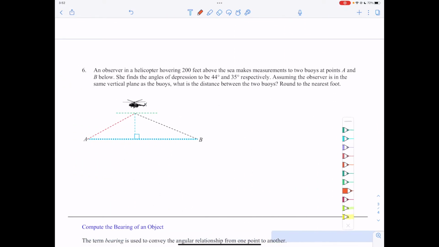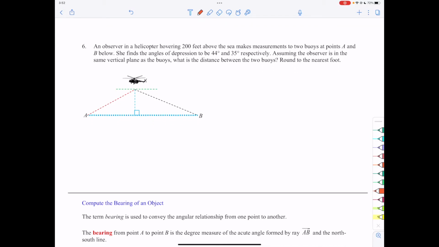Okay, looking at number 6, an observer in a helicopter hovering 200 feet above the sea makes measurements to 2 buoys at points A and B below. And you can see that diagram. And so we can go ahead and at least put 200 feet here.